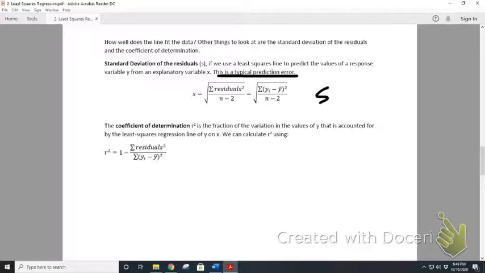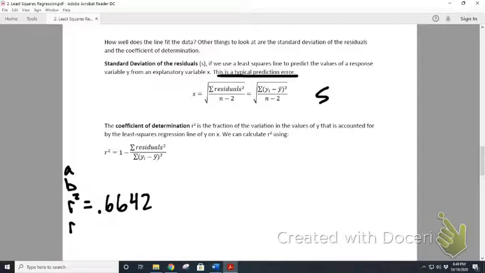R squared is given to you when you press linear regression on your calculator. So on the truck data problem, it gives you A, it gives you B, it gives you R squared and R. R squared on our problem was 0.6642.